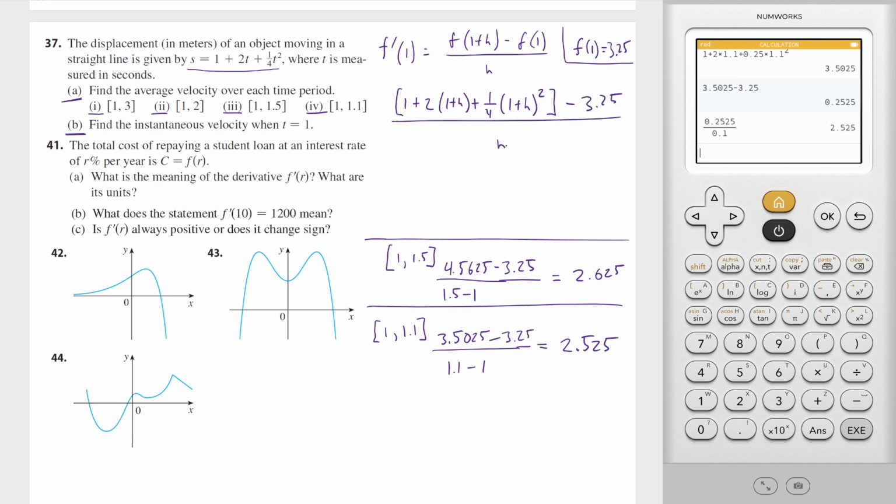All of that is divided by h. And dang it, I forgot to put my limits in again. The limit as h goes to 0 of this expression. So I want to find this limit. The limit as h goes to 0. And that should have been written right there too.